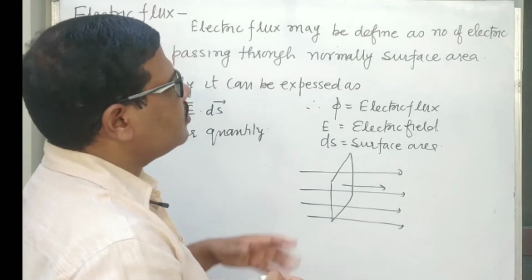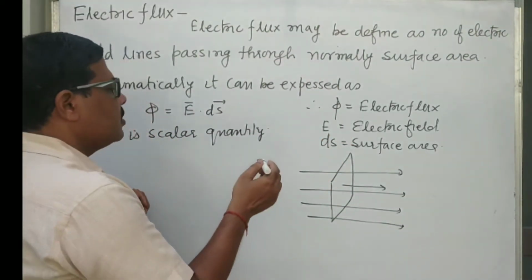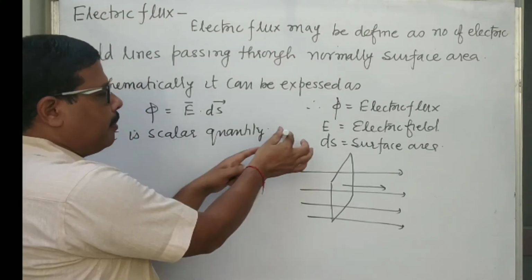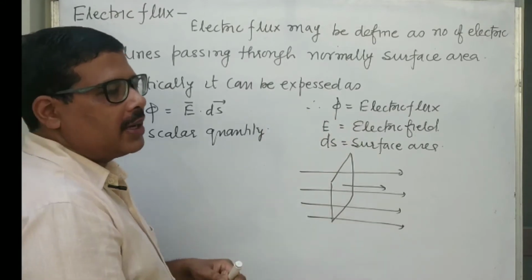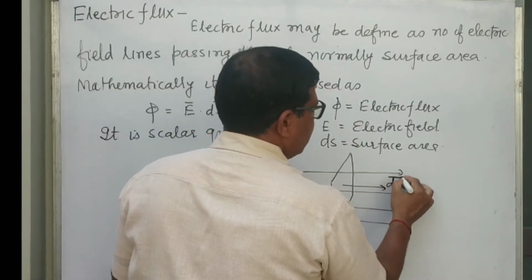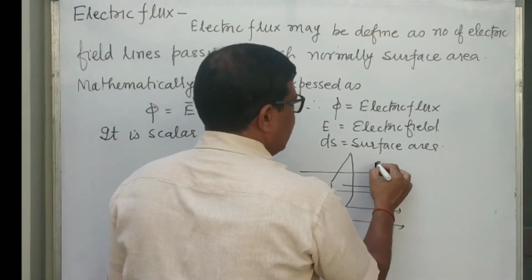Suppose that this white board is a surface area, its areal vector will be perpendicular. देखिए perpendicular, इसके perpendicular directions में होती है. So ds is the areal vector and E is the electric field.